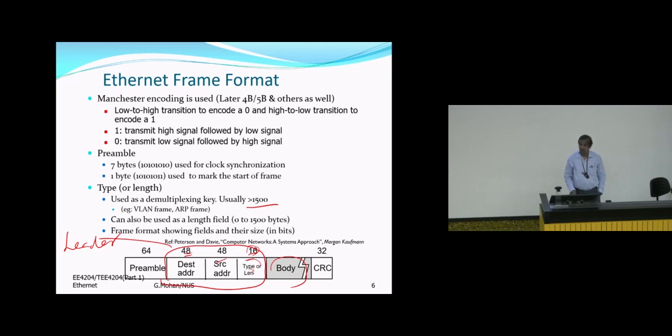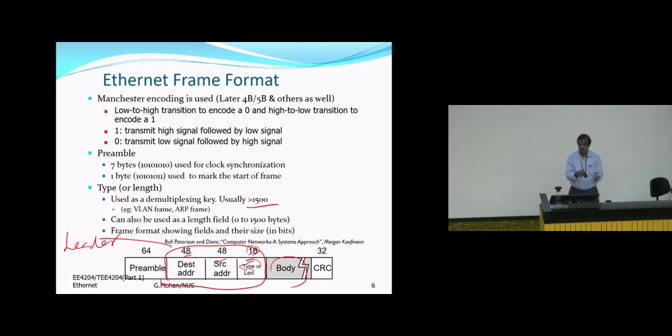But the value of this field can also be more than 1500. Then it doesn't represent the length, but the type of the frame. By default, the frame is the normal data frame, right? But I think we have seen ARP, Address Resolution Protocol, by which everybody within a network sends request and reply packets, so that everybody knows the IP address and the corresponding MAC address.